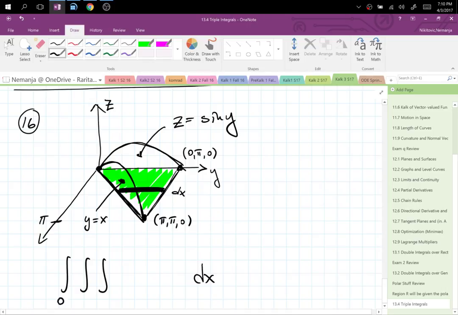So 0 to pi on the outer, because delta x starts at x equals 0 and goes all the way to x equals pi, which is a point. So it will swipe all of the stuff inside.